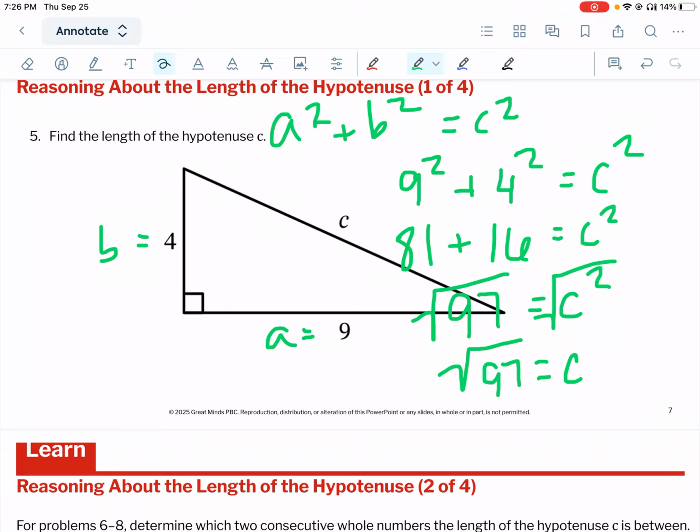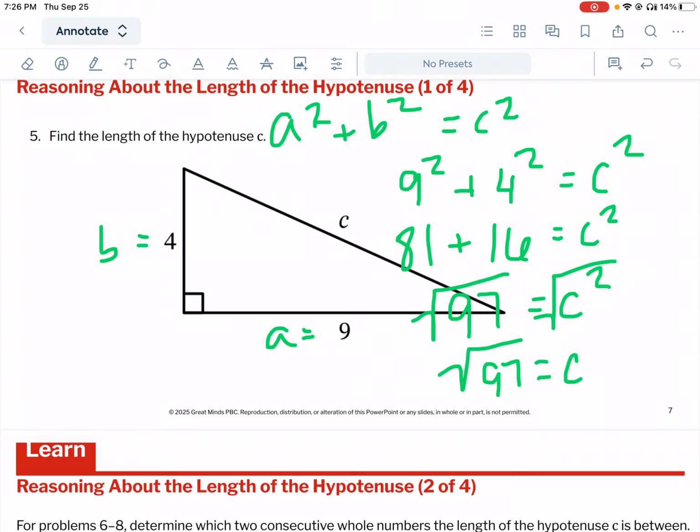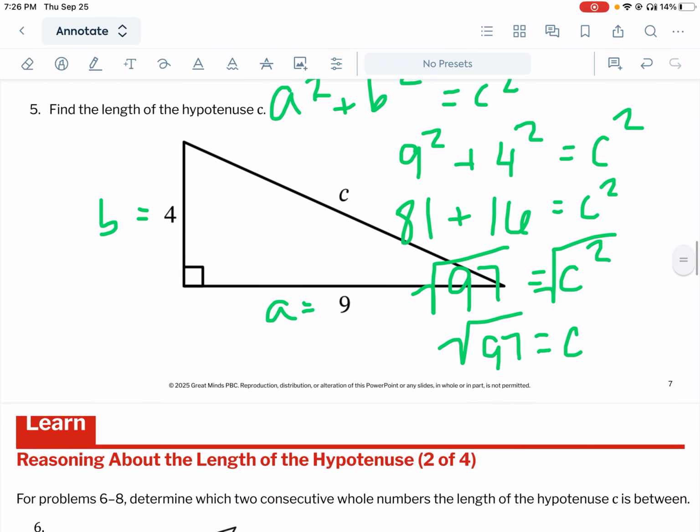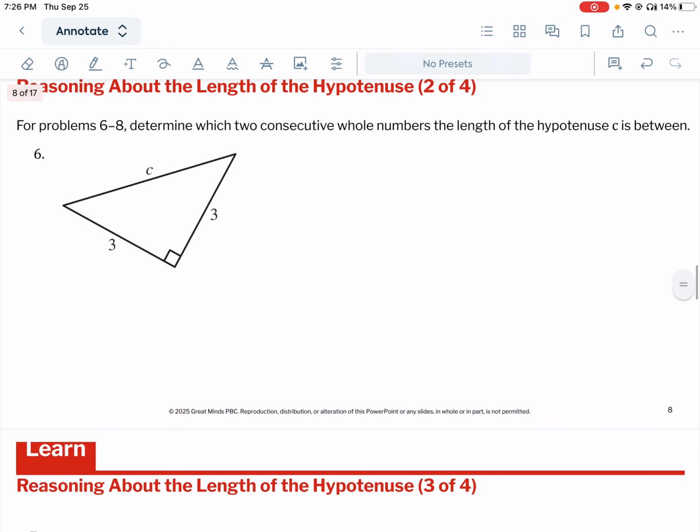But once we get down into determining where that fits specifically, because obviously this is not a perfect square like how 100 square rooted is. So some questions may ask you to read it in this form here, square rooted, but sometimes, once again, we need to identify exactly where it will fit, and that's where we get into 6 through 8.